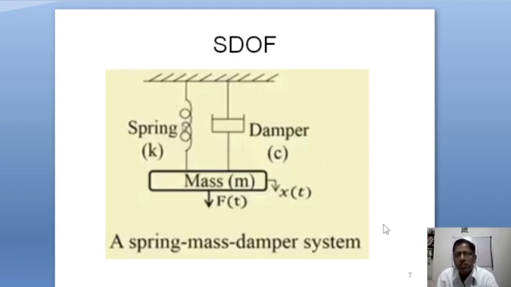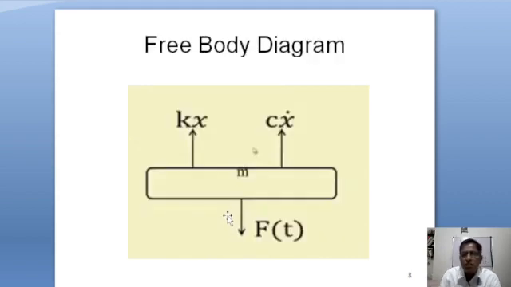Now this is a simple single degree of freedom system model of a vibrating component. Here we can see that a mass is suspended with the help of a spring and a damper, and an external force F is acting downwards. In the free body diagram of this model, the external force is acting downwards, and the stiffness force and the damping force are acting opposite to the externally applied force.